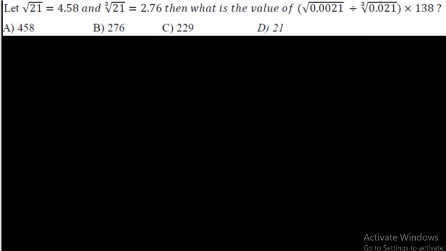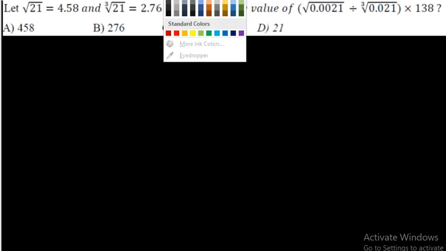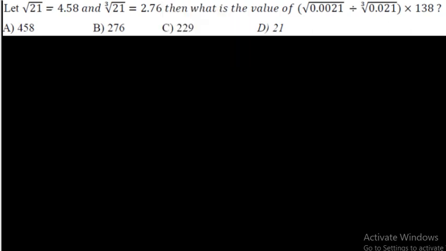Okay, the next question says: let radical 21 be equal to 4.58 and cube root of 21 be equal to 2.76. Then what is asked?